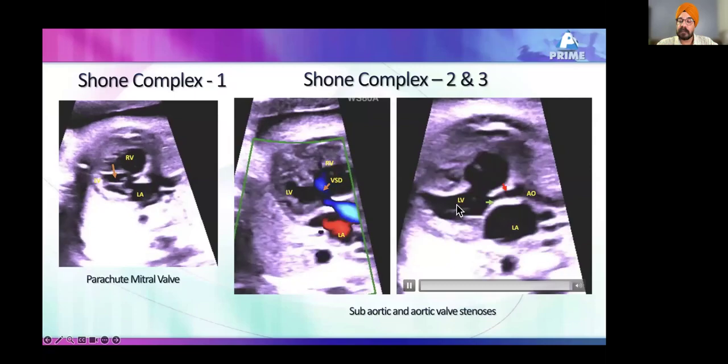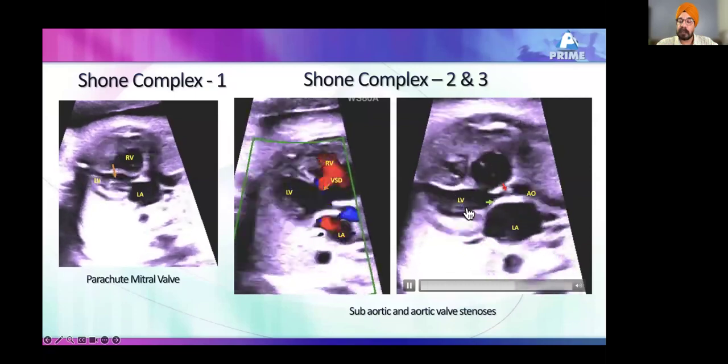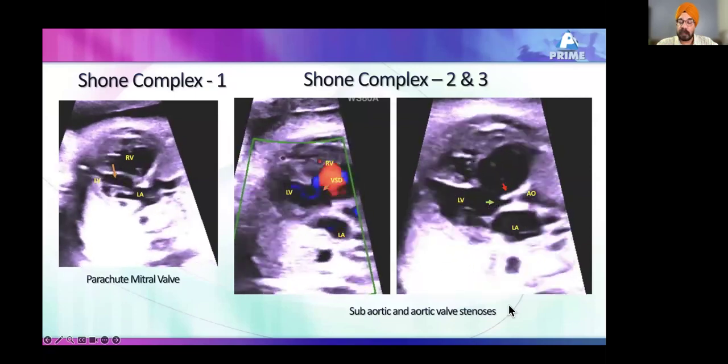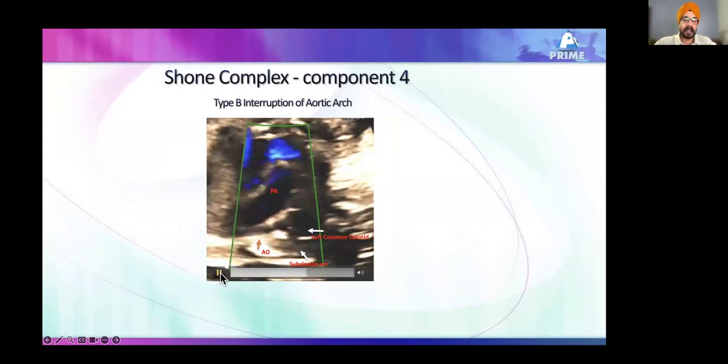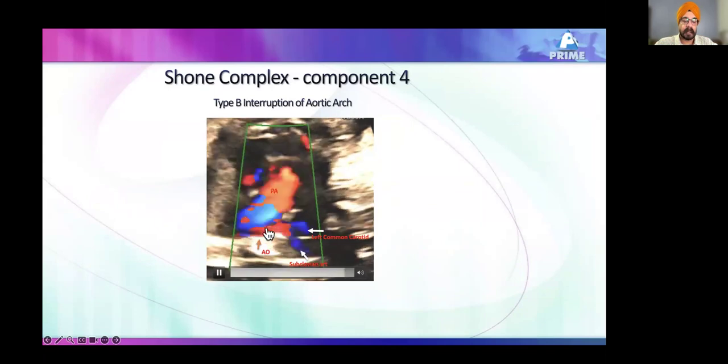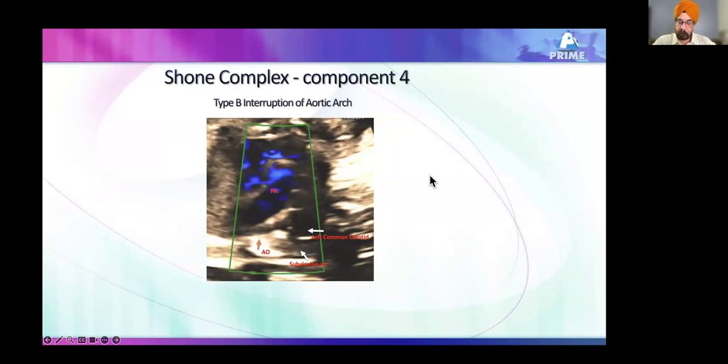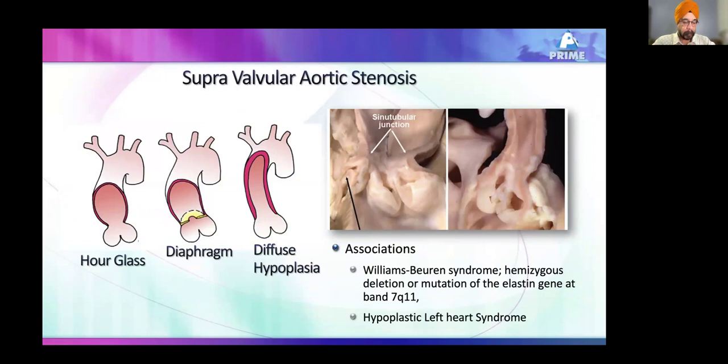So that makes two components: one, a parachute valve, and second, an aortic stenosis, both subaortic and aortic. And this is again that three vessel trachea view. The pulmonary artery is flowing this side, and there is retrograde flow in the aorta region. There is an interruption of the aortic arch here, and this completes the Shone complex.